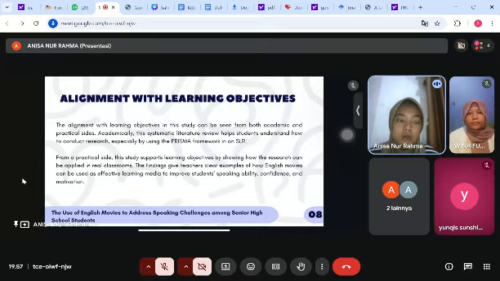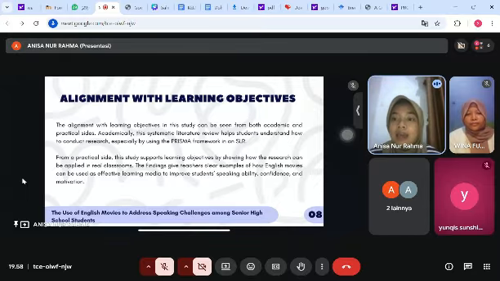In this point, the alignment with learning objectives in this study can be seen from both academic and practical sides. Academically, the systematic literature review helps students understand how to conduct research, especially by using the PRISMA framework in an SLR.